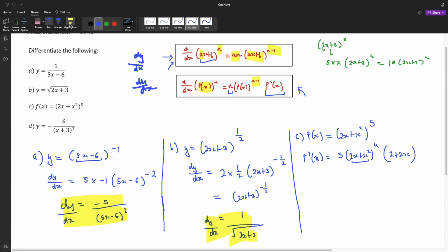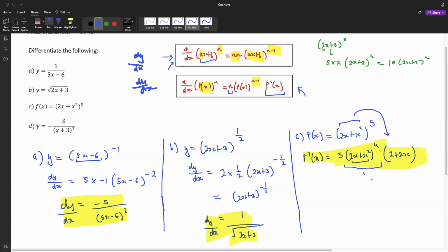5 times 2x plus x squared to the power of 4 times 2 plus 2x. Right? And you can see it's a very similar thing. What we're doing is in the chain rule, what you would do is we would say that this equals u, and we would derive this, which would give us that, and then we would say f of x is equal to u to the power of 5, which would give us this part.